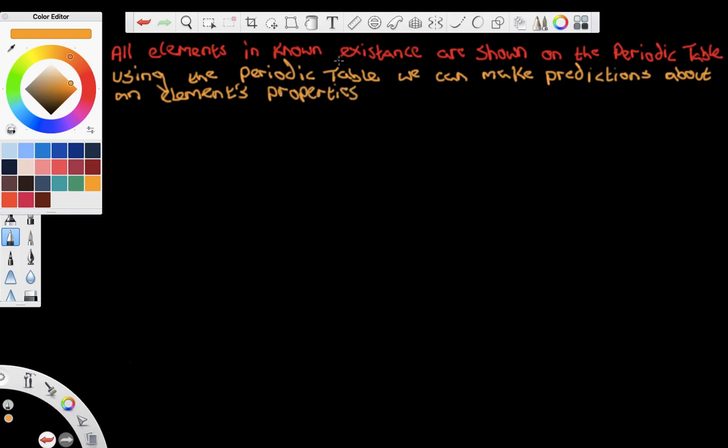Okay. Now, properties of an element is our first keyword, or properties of anything in science. It's a keyword, so I'm going to put it in green. Properties.